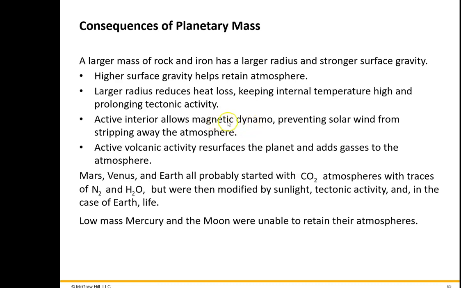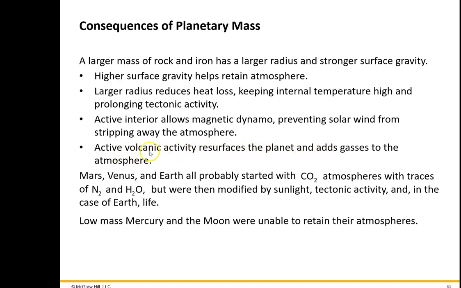That's what's called the dynamo effect, and that prevents solar wind from slowly stripping away the atmosphere, which is basically what happened with Mars. Mars's atmosphere is very thin compared to what we think it once was.